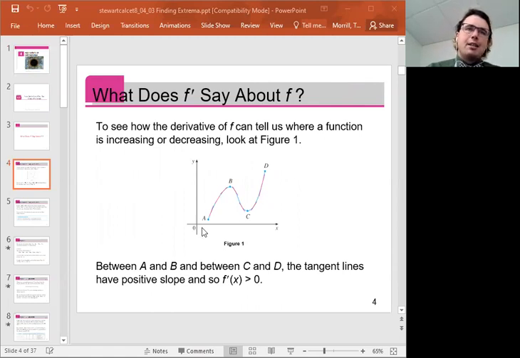For example, I see that between A and B, these 2 points here, any tangent line that I draw next to the graph is going to have a positive slope. So that's telling me that my derivative is going to be positive between A and B. And the same thing between the coordinates C and D as well. Any potential tangent line that we draw in is going to have a positive slope.